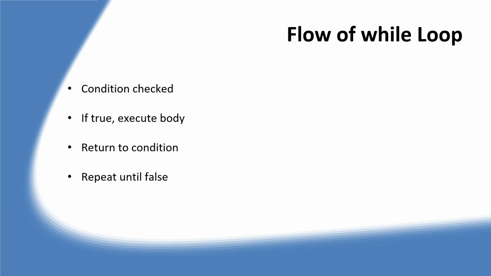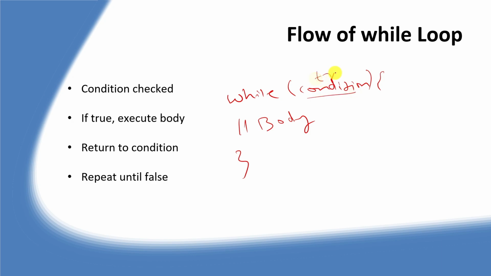So let's revise. While, here is the condition, here is the body, and it will check the condition. If it is true, it will execute body, and again it will check the condition. If it is true, again it will execute body. Condition, body, condition, body.